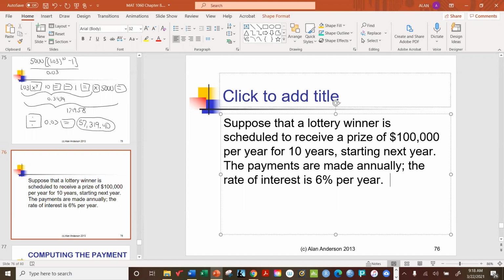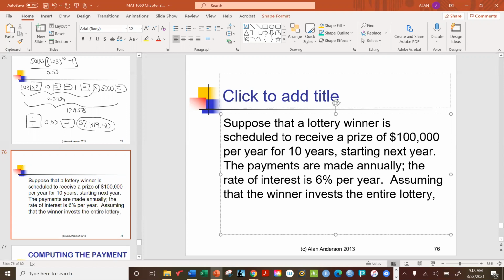Now notice too, we're assuming that the winner invests the entire amount. How much will he or she have in 10 years, at the end, after all the payments have been made?